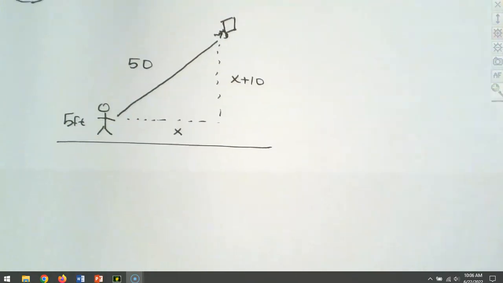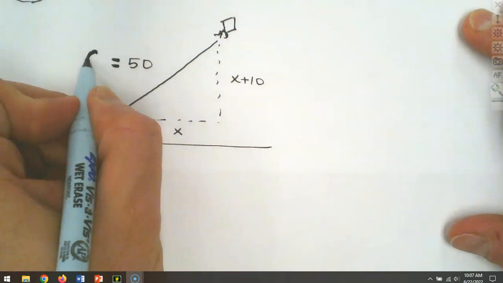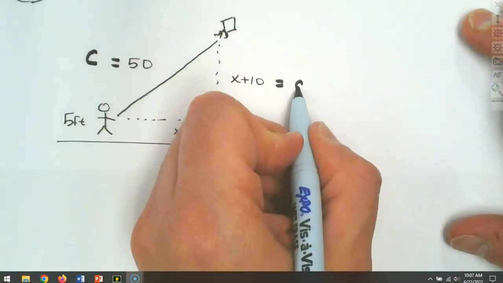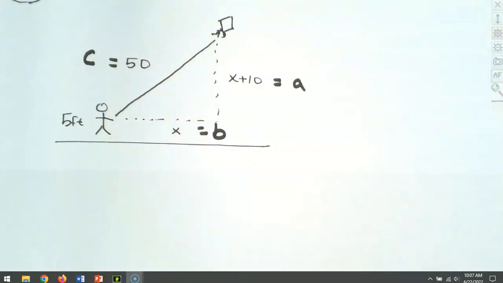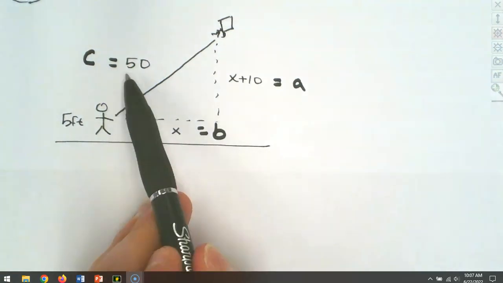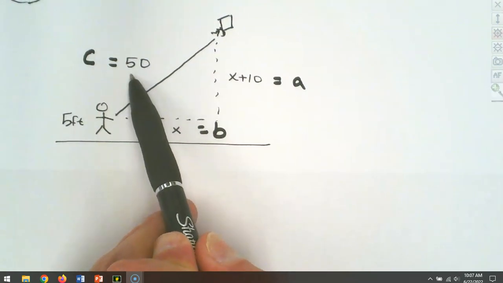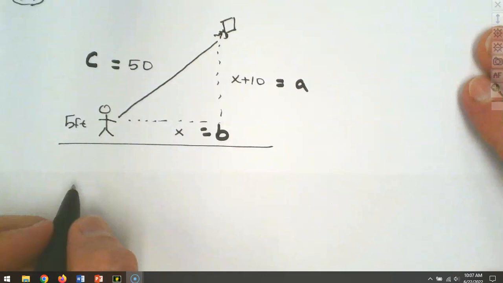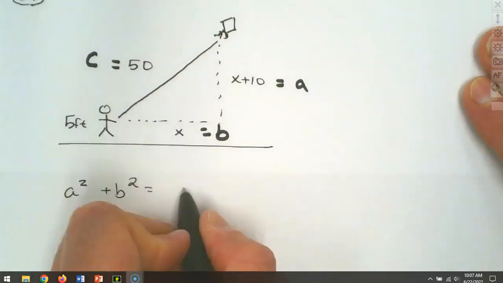And this one is already set up, but it is going to be a little bit more challenging to solve because it's been set up, but we're going to have to FOIL. And so this is going to be our C. And we'll call this one our A and this one our B. Doesn't matter which one is which, as long as you're careful and know that the diagonal is your C. So now we know that a squared plus b squared equals c squared.